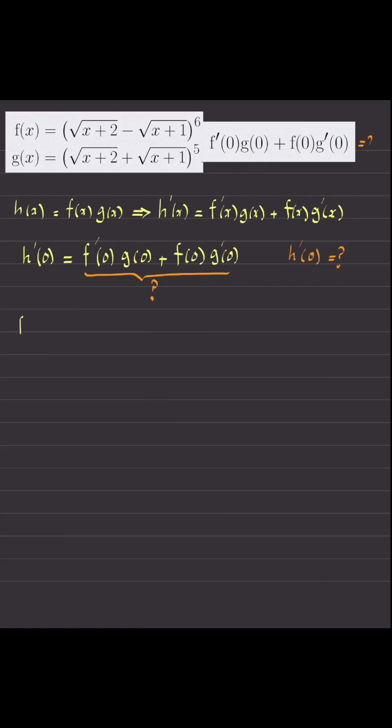If I ask you to calculate f of x times g of x, you can write f of x with 6th power as the product of f of x with first power, so this combination to the power of 1, multiplied by the square root of x plus 2 minus the square root of x plus 1 to the power of 5.